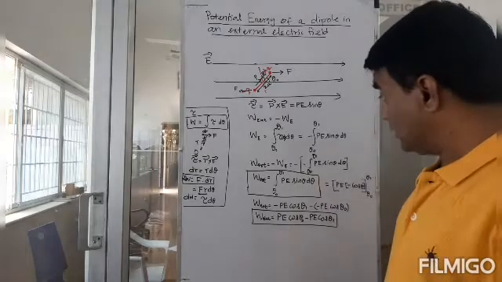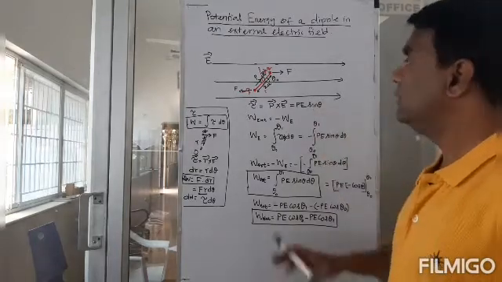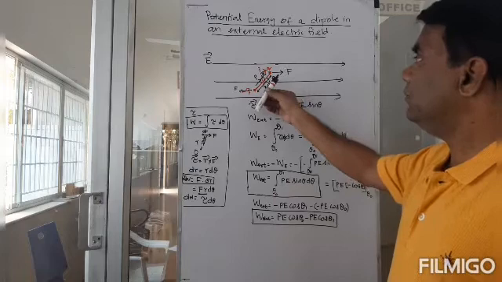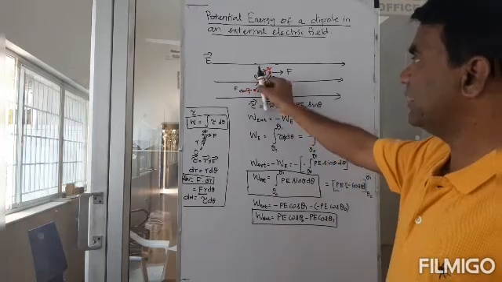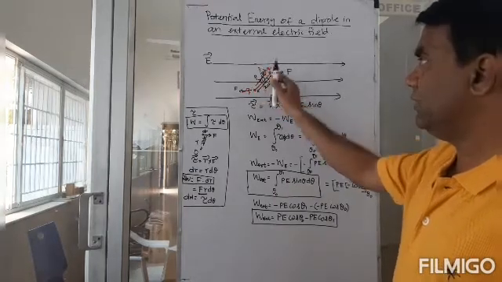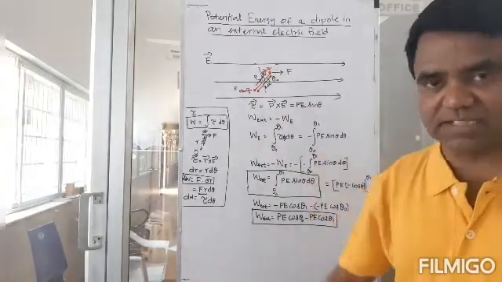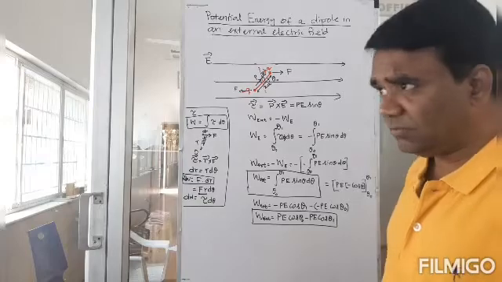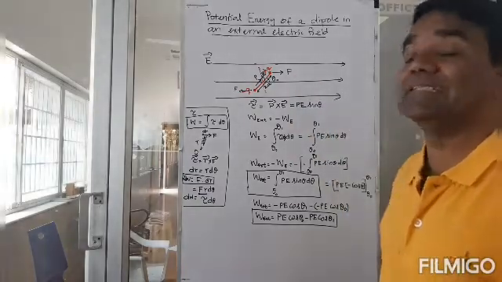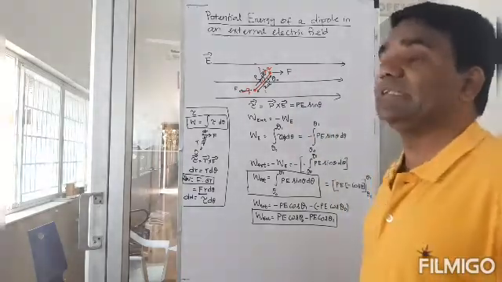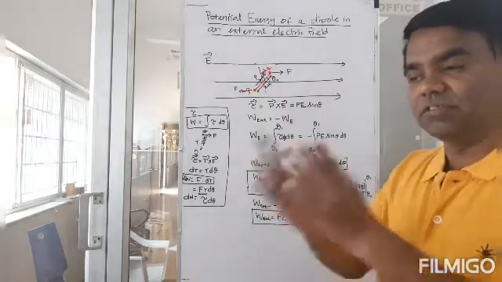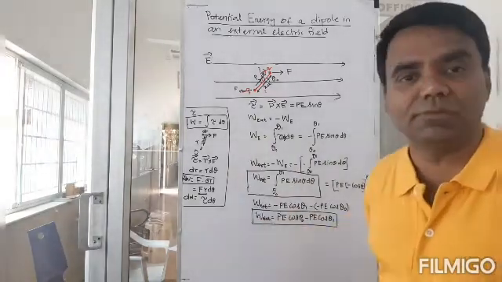This can be 90 units and this can be 100 units, so 100 minus 90 gives you 10. Or one can be 110 and the other 100, and the difference would still be 10 units.